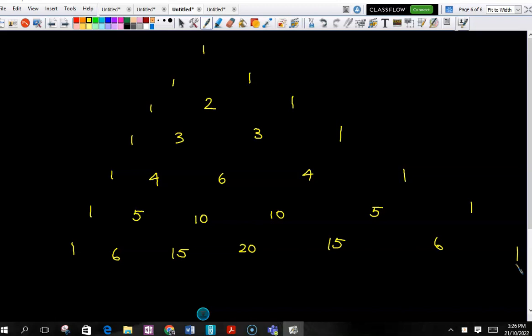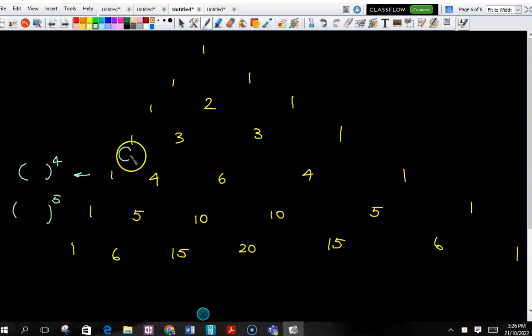Can you grab your calculators? What if I wanted to, so this helps me to expand if I had something to the power of 4. This helps me if I had something to the power of 5 and so on. So what happens if I had to the power of 8 and you go, oh my God, do I have to draw the triangle every single time? Guess what?